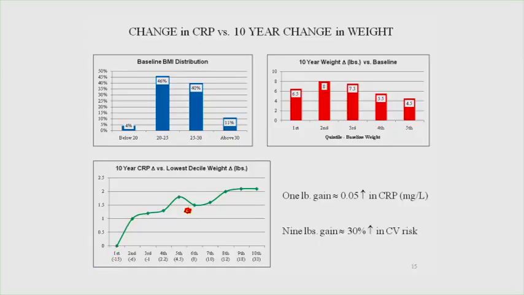Those who lost the most weight, their CRPs fell. As you lose less weight or gain more weight, there's a fairly linear rise in CRP. For every pound you gain, your CRP is going to rise by 0.05 points. So if you gain 9 pounds, that translates to a 30% increase in cardiac risk as a function of the rise in CRP.